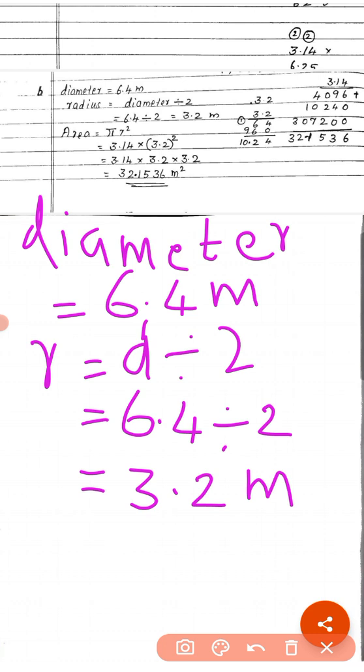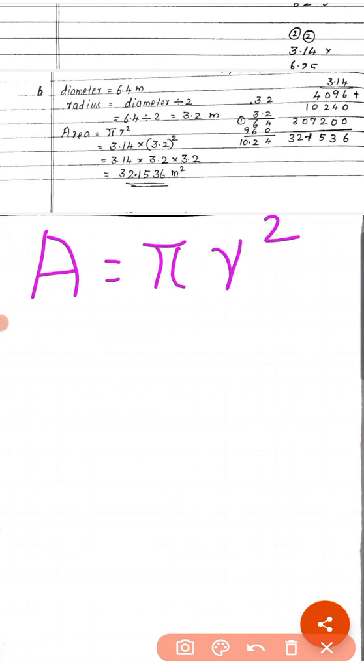In this question, the diameter is given. So first find the radius. For finding the radius, you should divide diameter by 2. 6.4 divided by 2 is 3.2 meter. Now we have to find the area. Area is equal to pi r squared.